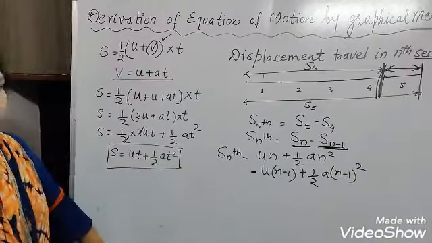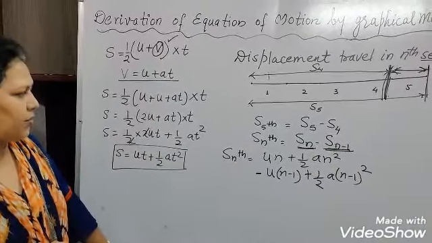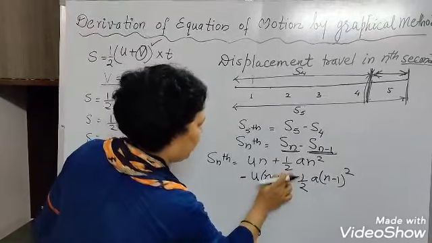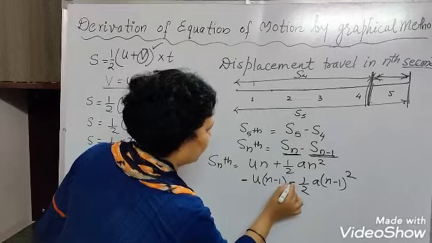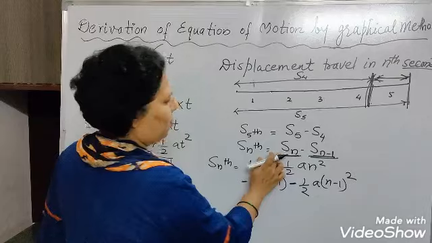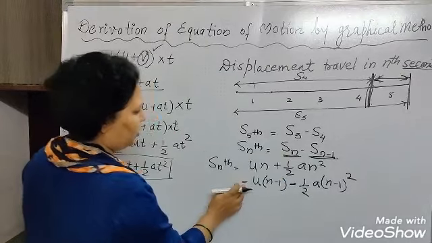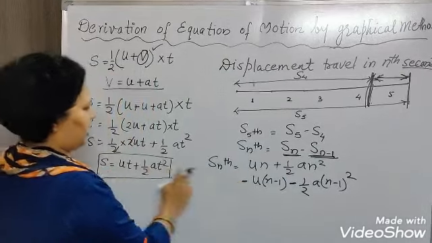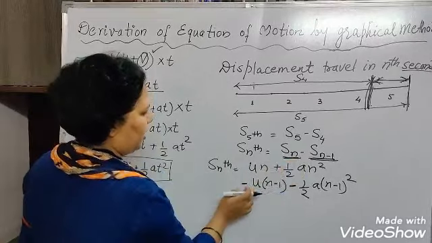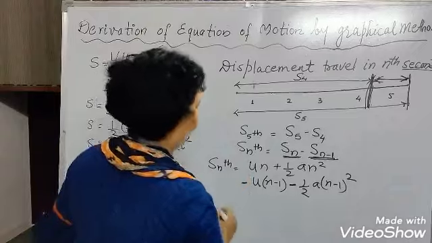Now this is minus, so this will also become minus because we are subtracting Sn minus 1 from Sn. This was positive and this is also positive, but because we are subtracting, both will become negative.